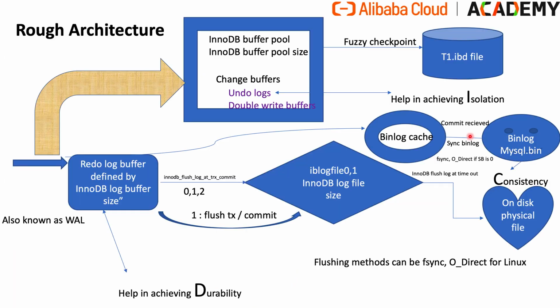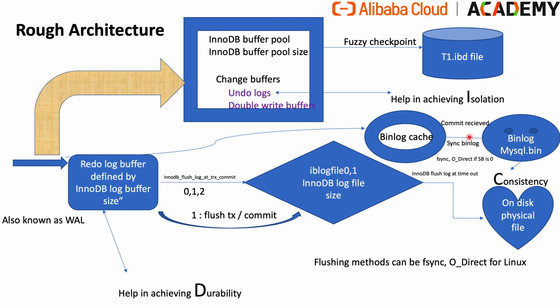So here you can see that once a transaction comes from the client to the bin log cache, and if the bin log cache receives the commit, the bin log, that is the MySQL bin log file, will commit that particular transaction first before it gets executed. In this way, it helps you achieve consistency, so that your data will not be lost even in case of a crash.